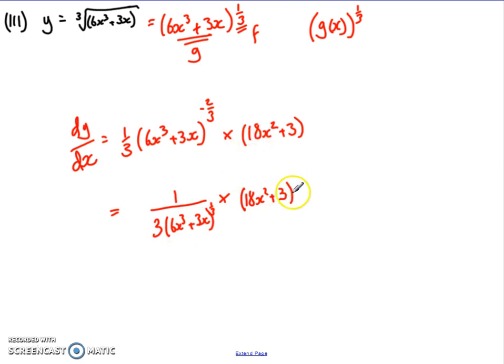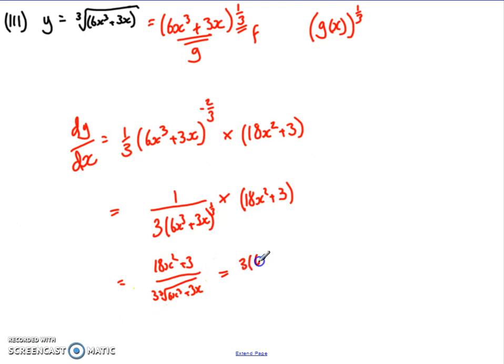Now again, combine it, make it one fraction, and then simplify as much as you can. So on the top I've got 18x squared plus 3 over 3 times the cube root of the 6x cubed plus 3x. Now if you can simplify again at this stage, you can. If you look at the top, I could take a common factor of 3, so that would be 6x squared plus 1, and I can divide it by this 3 here.